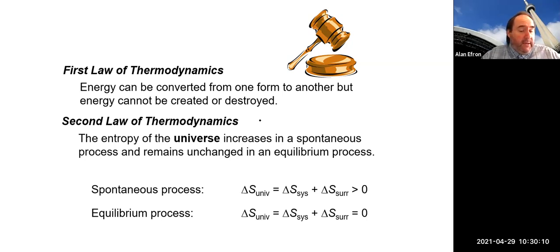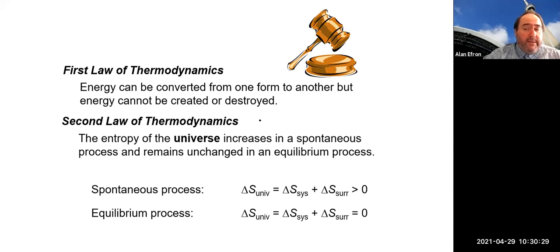Here we're going to talk a little bit about the second law of thermodynamics, which deals with entropy. The entropy of the universe increases in a spontaneous process and decreases in or remains unchanged in an equilibrium process.